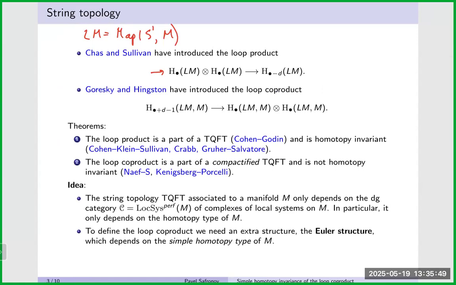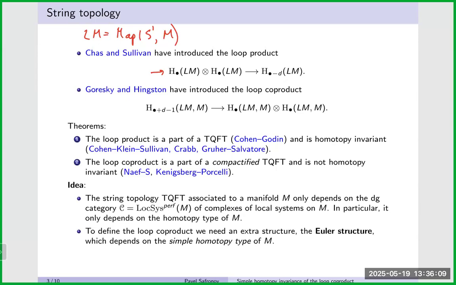Besides just this intersection product, there's a bunch of operations. I'll mainly be talking about two. One of them is the loop product. This is completely analogous to the intersection product on homology, just an intersection product on homology of the loop space. This was introduced by Chas and Sullivan.